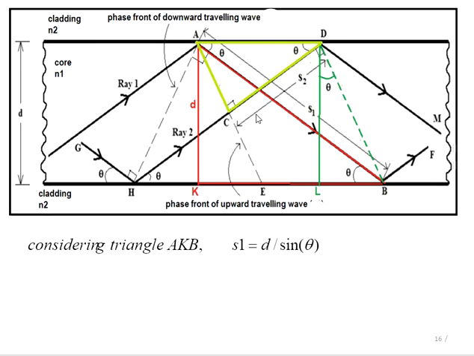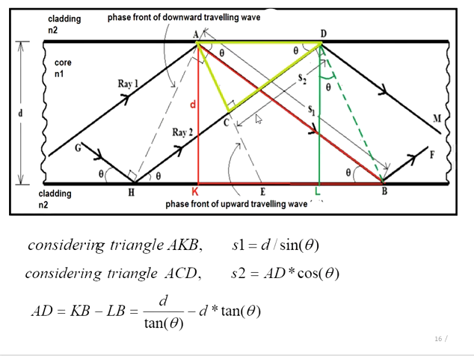Same way, by considering the triangle ACD, shown in yellow color, we can write s2 as AD cos theta. Now let's find this AD. If you project AD on the other side, AD is the same as KL. So we can write KL as KB minus LB, so I can write the equation for AD as KB minus LB.